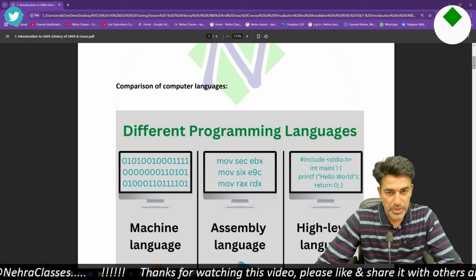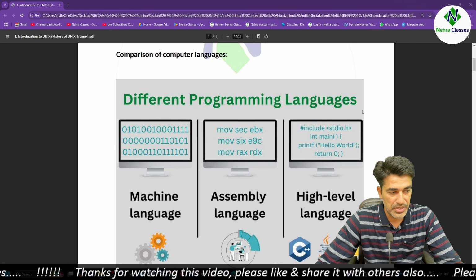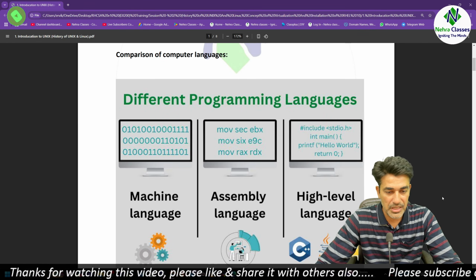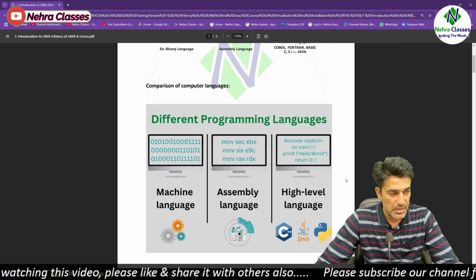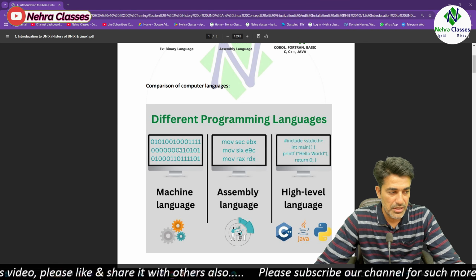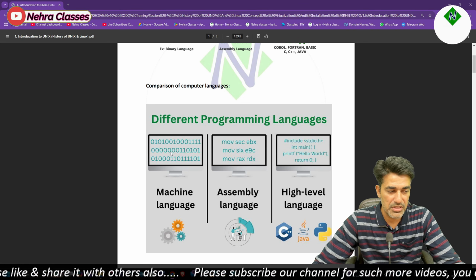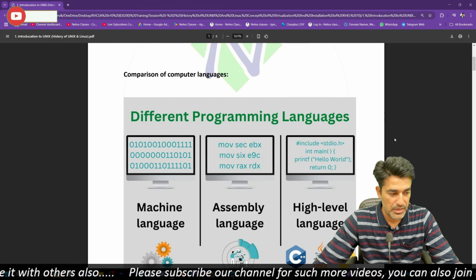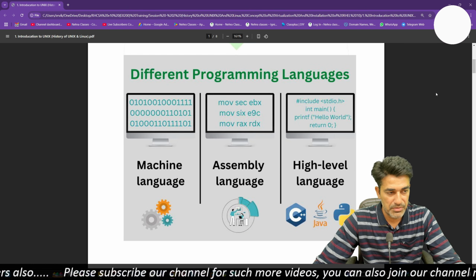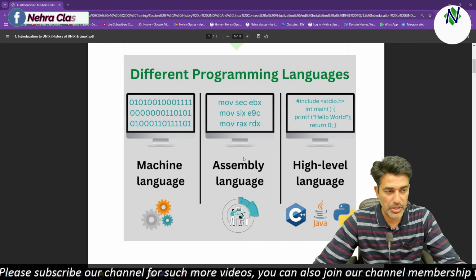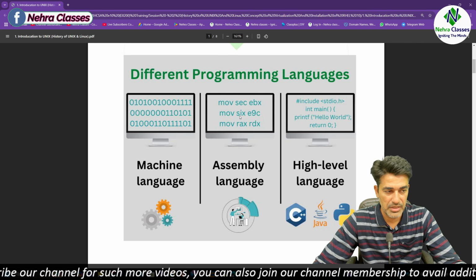Here I am showing you the picture of comparison of these three. In the machine level language, you can see a pattern of zeros and ones which is used there. In the assembly level language, we use mnemonics for the instructions.